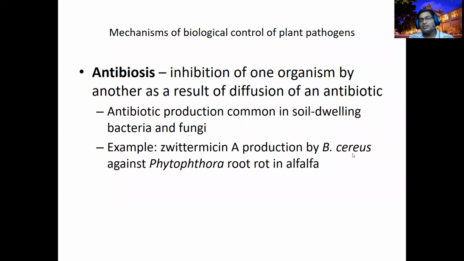Bacteria rarely produce antibiotics, but this Bacillus cereus produces zwittermicin, first identified in Phytophthora root rot in alfalfa, right? Trichoderma also produces many antibiotic secondary metabolite chemicals, as you all know.